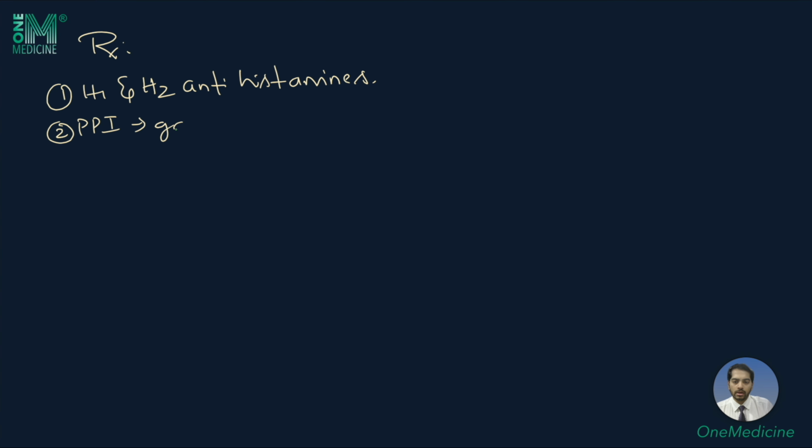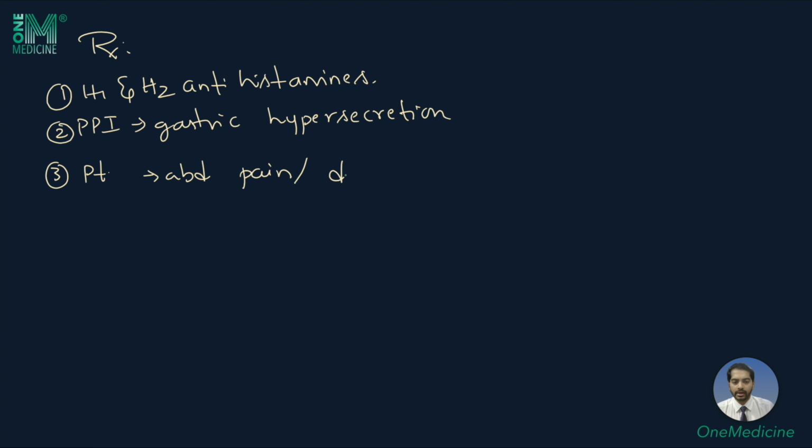The treatment of systemic mastocytosis involves H1 and H2 antihistamines, proton pump inhibitors for gastric hypersecretion. Patients with abdominal pain or diarrhea can be treated with oral cromolyn sodium.